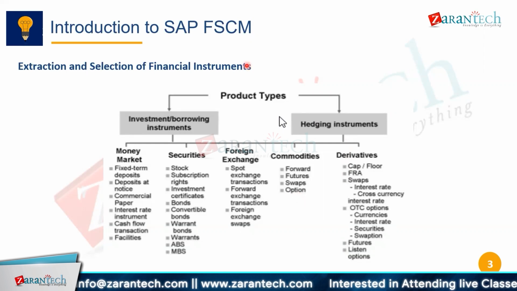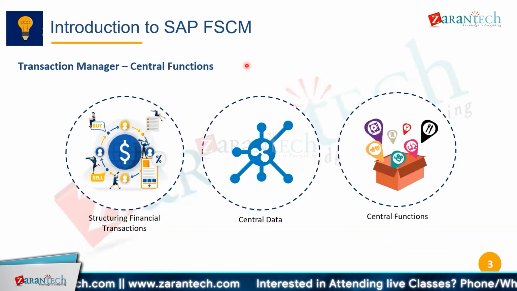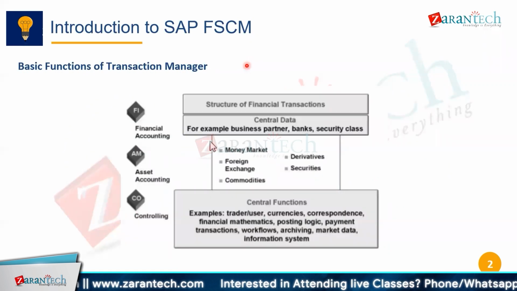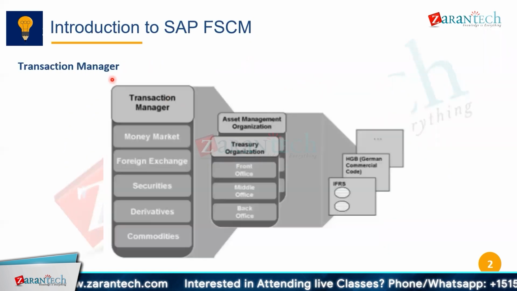Okay, now how does this overall transaction happen? Let me tell you. In the treasury module, the transactions related to money market, foreign exchange, and securities are managed by three different departments or sub-departments within treasury. We call them front office, middle office, and back office.